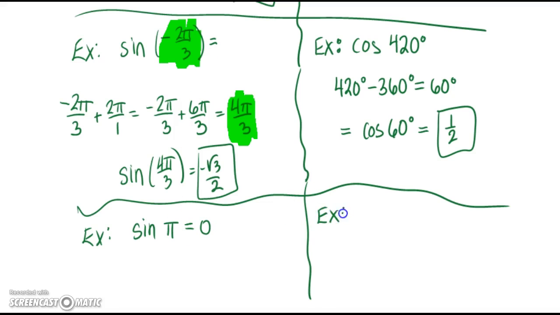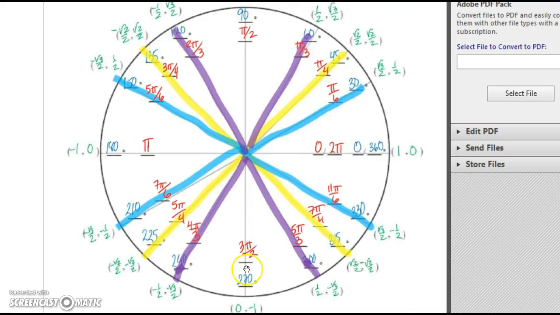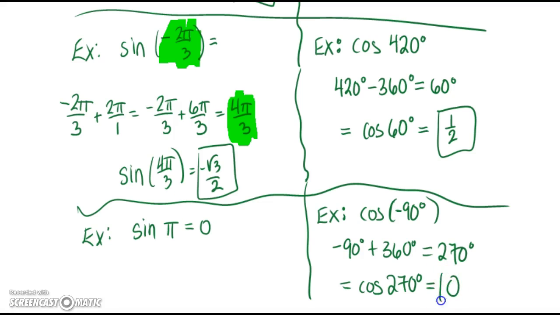And let's find the cosine of -90 degrees. -90 degrees is not on our graph, but if we add a full rotation, we have the same terminal ray. That's 270 degrees. So finding the cosine of -90 is the same as finding the cosine of positive 270 degrees. Cosine is determined by the x-coordinate. Here's 270. The x-coordinate down here is 0. And so the cosine of -90 degrees is 0.